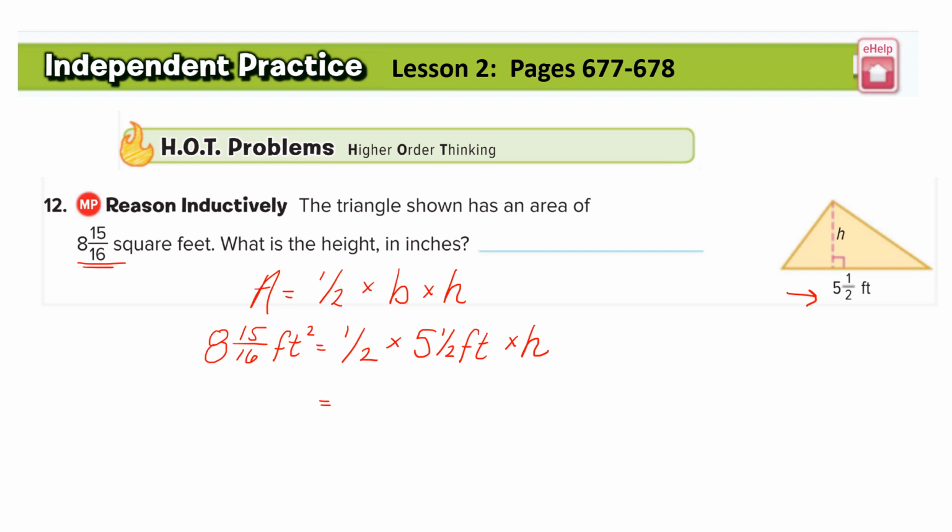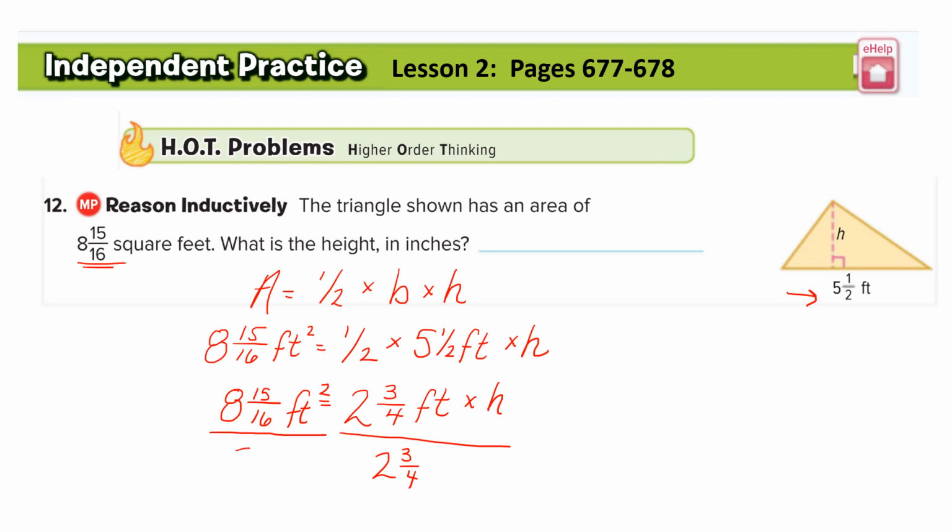So 2 3/4 feet times the height equals 8 15/16 feet squared.